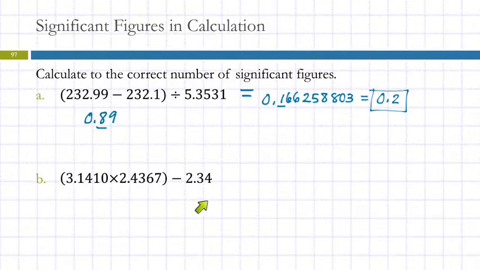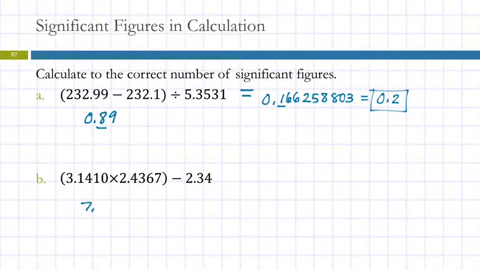Okay, let's look at this one. Again, we want to do the math. 3.1410 times 2.4367. And I pressed equals. I'm just going to write that down since my calculator is showing it to me. It'll save me doing the calculation over again.